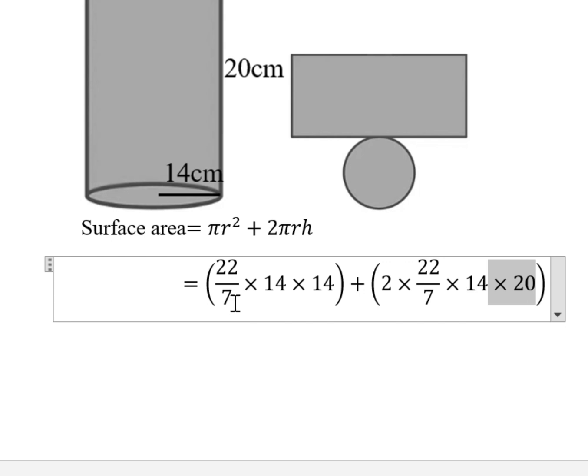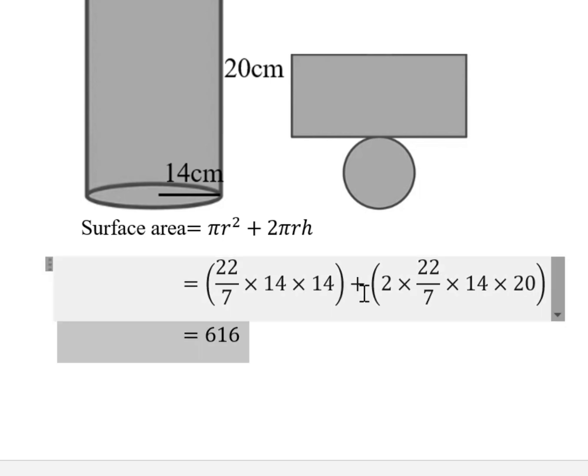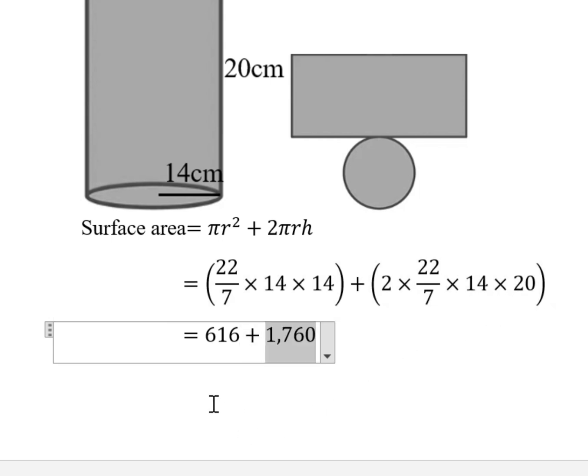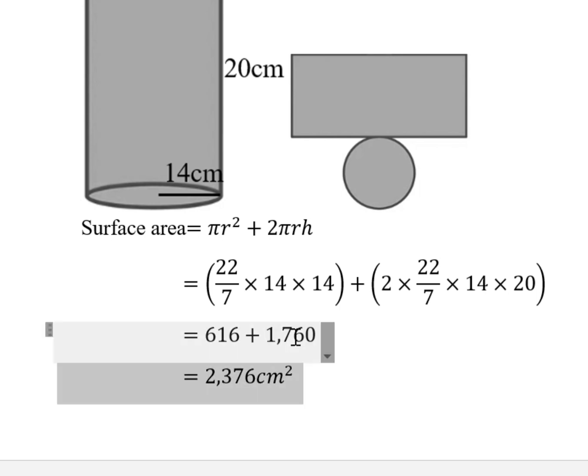If you simplify that, you will realize 7 cancels here twice, so we shall have 22 times 2 times 14, giving us 616. Then plus, this 7 cancels here twice, so we shall have 2 times 22 times 2 times 20, giving us 1760. If you sum them up, you get 2376 square centimeters.